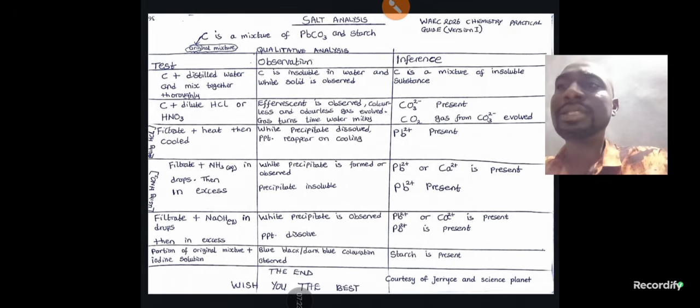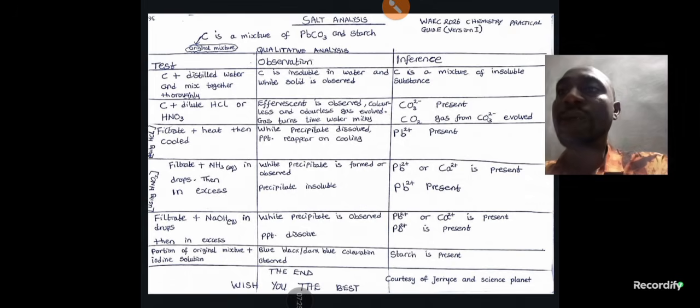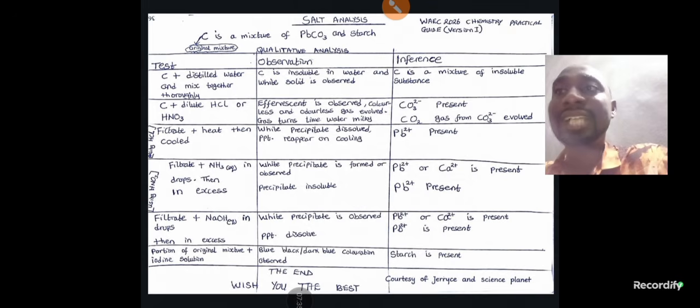Then WAEC could ask you to add ammonia, that's NH3, your aqueous ammonia, in drops and in excess. When you add ammonia to the filtrate that has HNO3, in your observation, you notice that a white precipitate is formed.